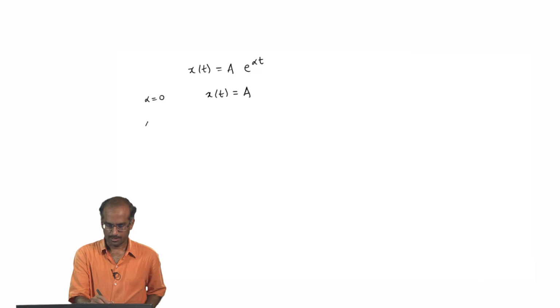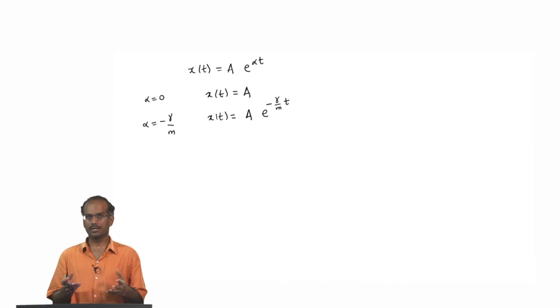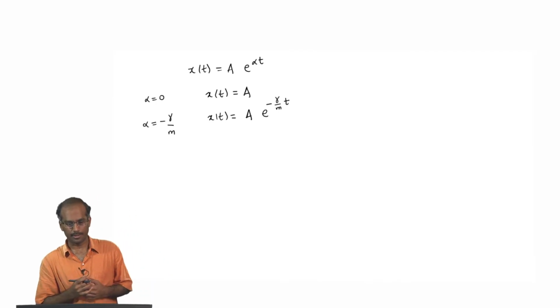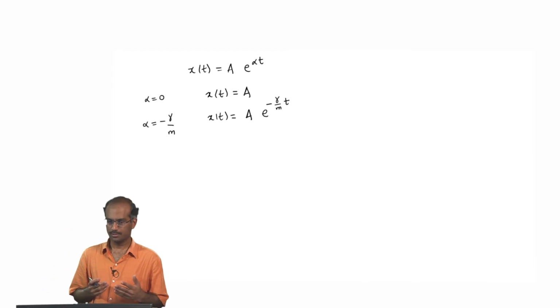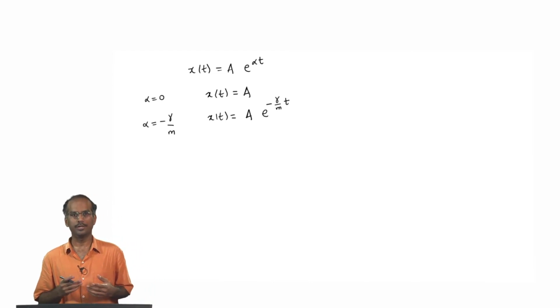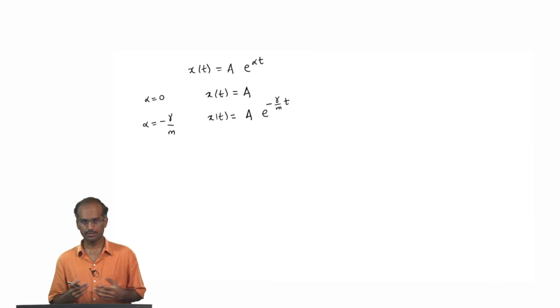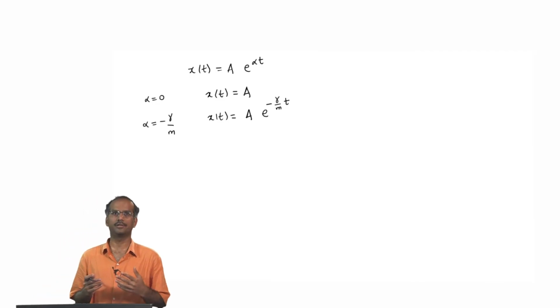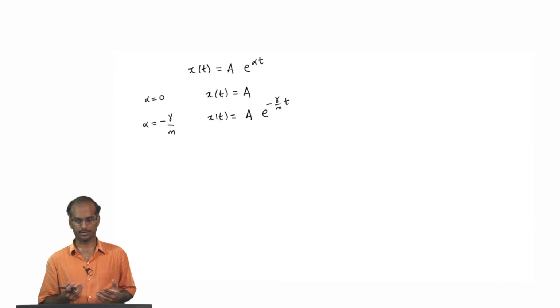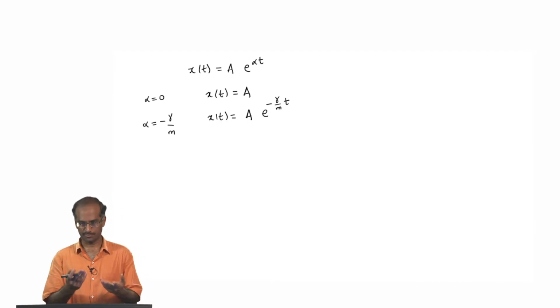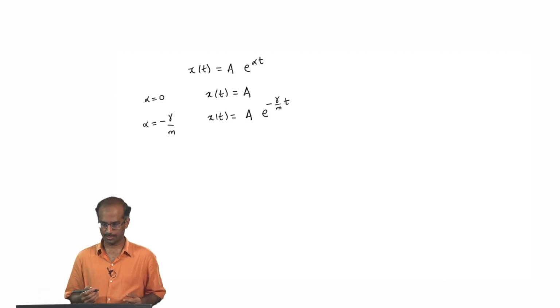On the other hand, if alpha is equal to minus gamma by m, x of t would be a e power minus gamma by m into t. So, these are two linearly independent solutions. You cannot obtain one from the other just by multiplying a constant. So, there is one constant which is a, which is already there in this equation.